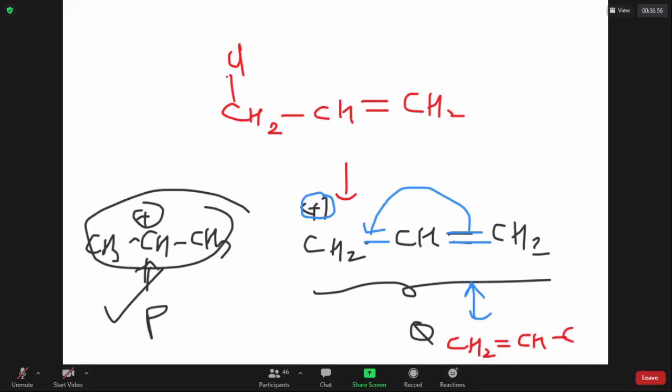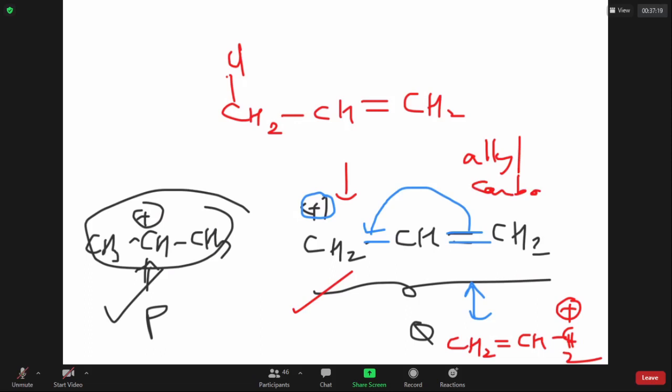I'm not able to write here. Now, notice due to resonance, two identical resonance forms, this carbocation known as allyl carbocation is extraordinarily stabilized. Can you see it?